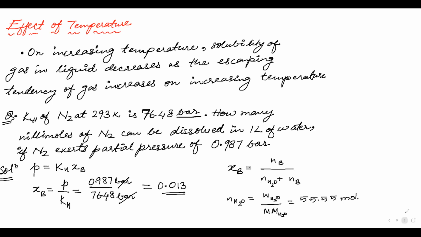Okay. Now I'm just changing the slide here. I have got chi B is equal to number of moles of B divided by 55.55 plus number of moles of B.